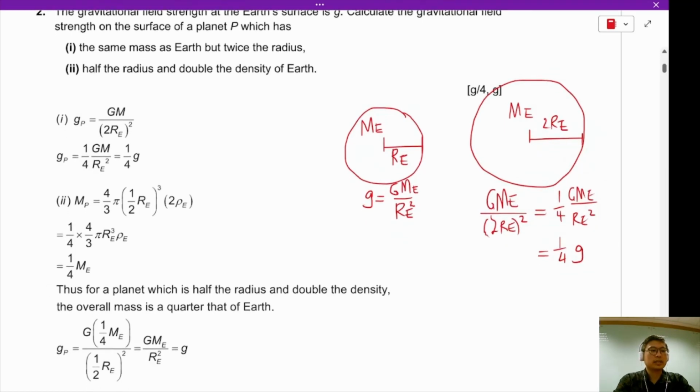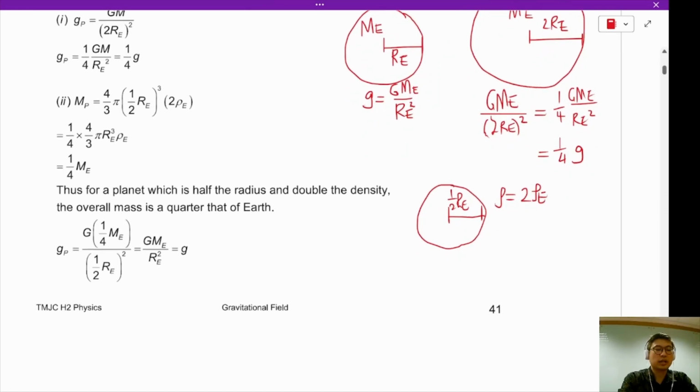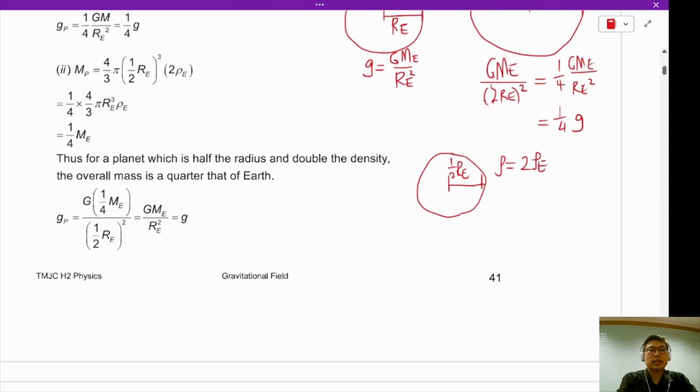So now let's take a look at the next question. The next question is a planet with half the radius and double the density of the Earth. So the radius is half the radius of the Earth, and the density will be twice the density of the Earth. Now let's take a look at what happens to the mass of the object if the density is doubled and the radius is halved.